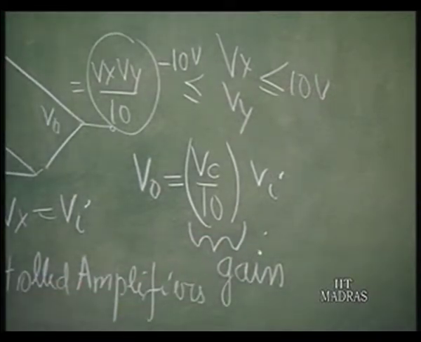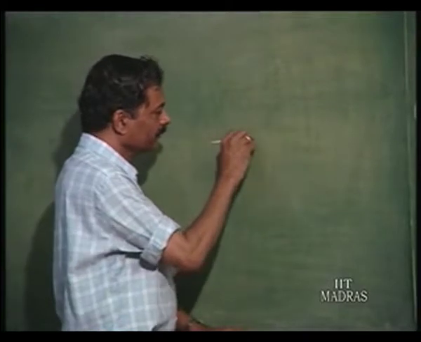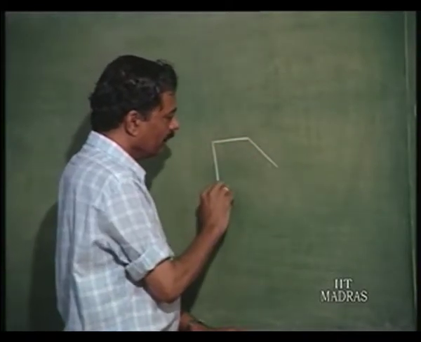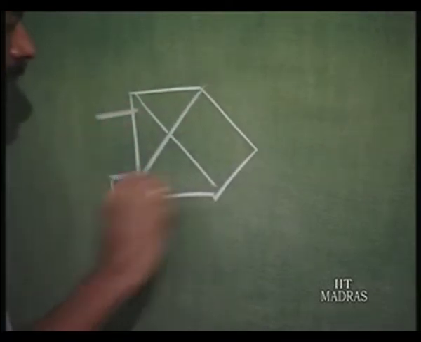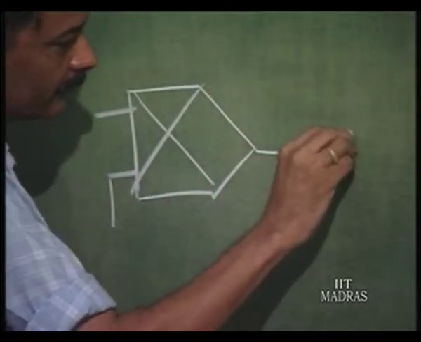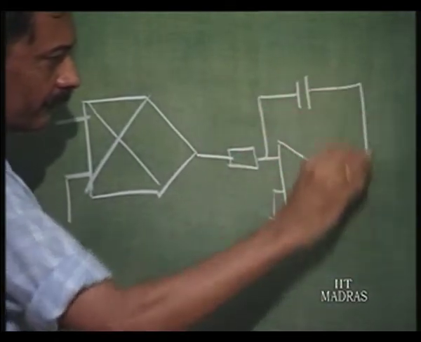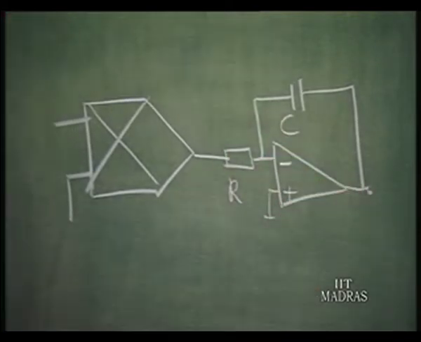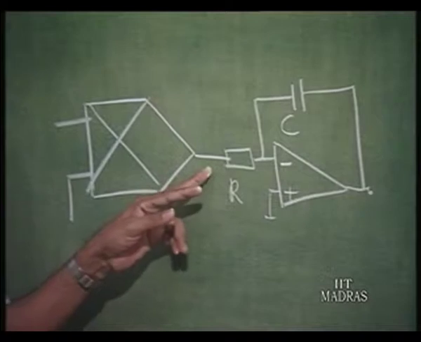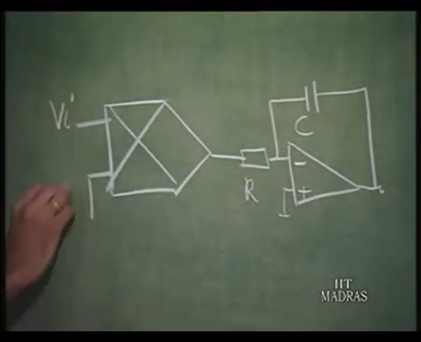Next, if such a voltage controlled amplifier is there, let us use it in combination with an integrator and see what happens. The normal integrator has the input here, but now I am feeding it the input through a multiplier. This is Vi and this is Vc.